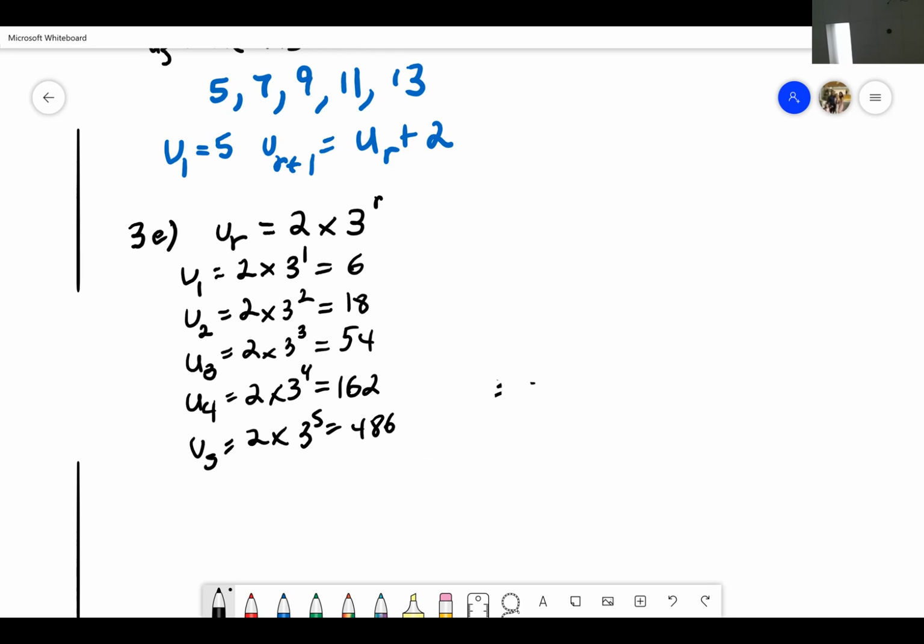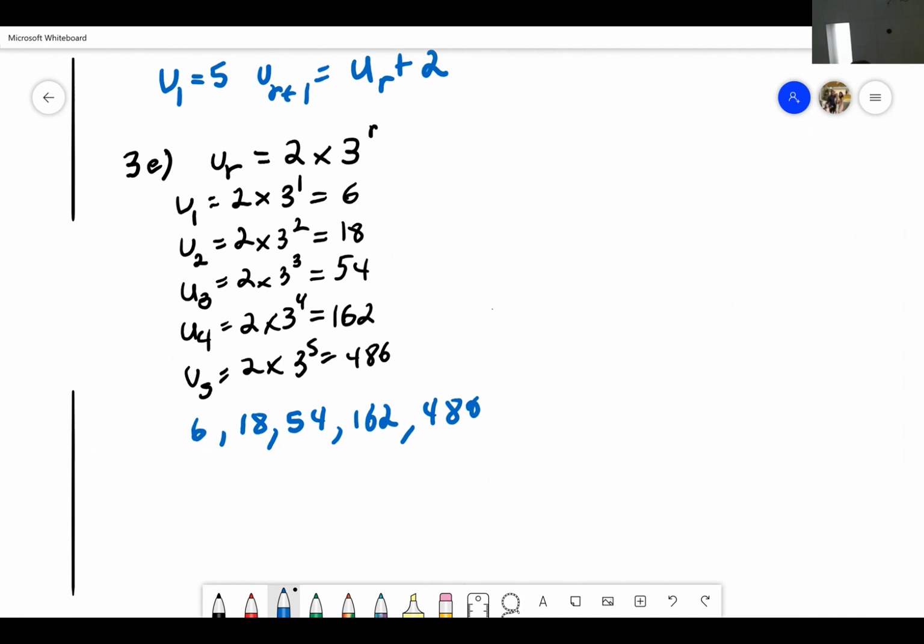So now I'll do this in blue. We have 6, 18, 54, 162, 486. So u of 1 is 6.